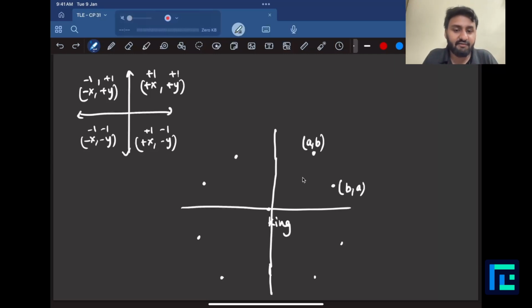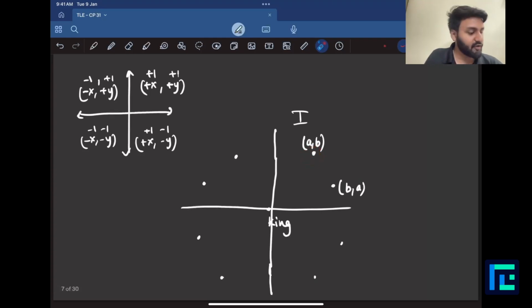Observe this: if I'm talking about the first quadrant, in this quadrant you are talking about positions that look like this. Either the knight is standing at A, B, from where it can traverse like this: it takes A and then B. Or it is at B, A, from where it can come down by A and then move B. So these are the 2 locations in the first quadrant where the knight could have attacked.